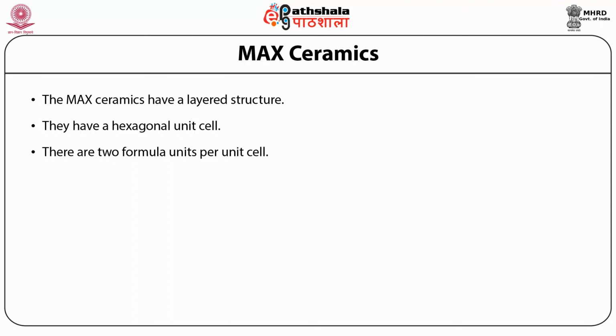Similarly, in the 312 and 413 phases, the number of M layers separating the A layers is 3 and 4 respectively. In addition to the pure MAX phases, solid solutions between them also exist. The number of these solid solutions is quite large, and the bonds in the MAX phases are a combination of metallic, covalent and ionic bonds.